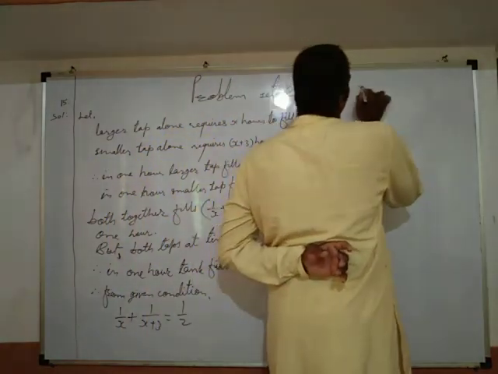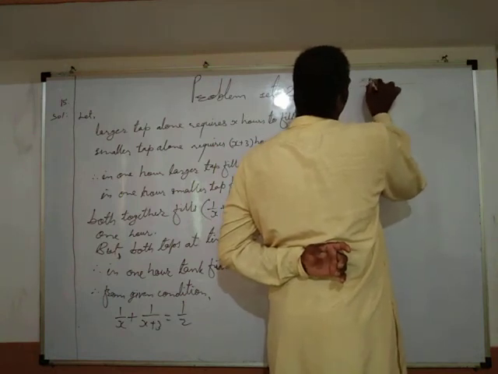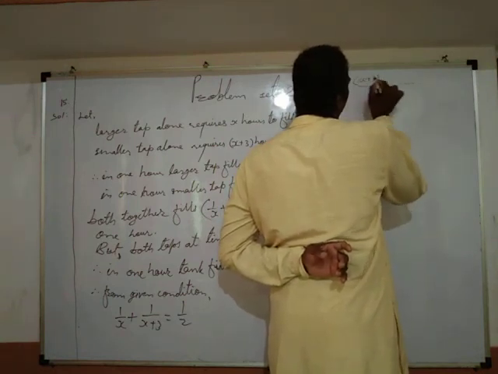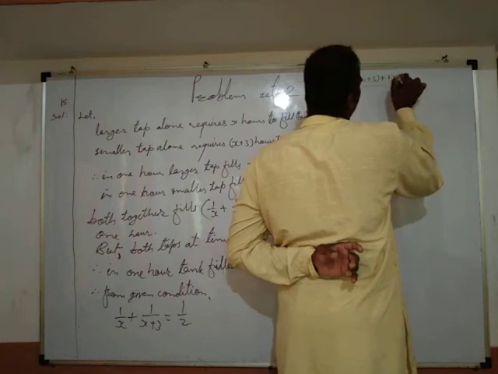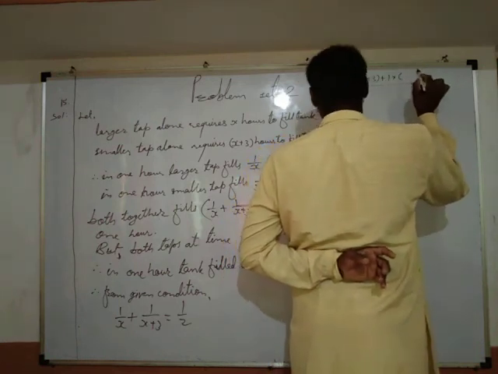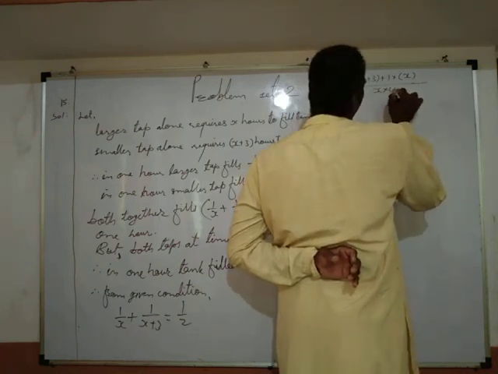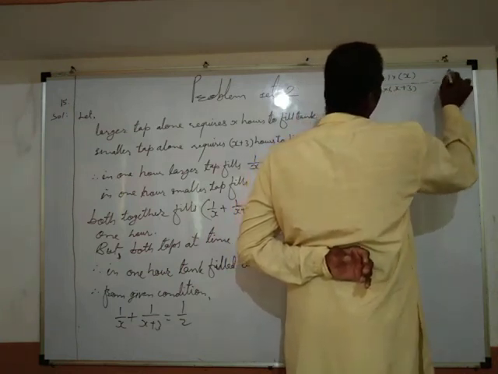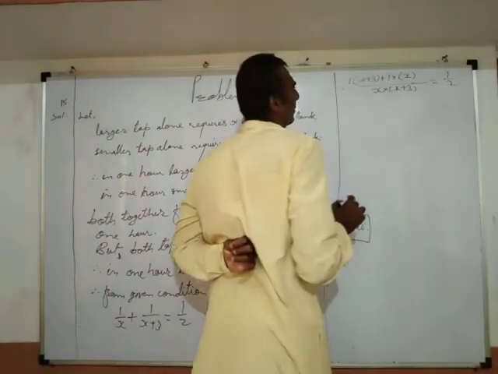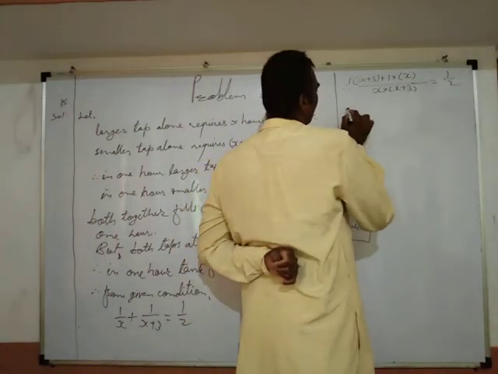Therefore, on cross multiplication, 1 into x plus 3 plus 1 into x upon x into x plus 3 equals 1 upon 2. Now let's simplify this.